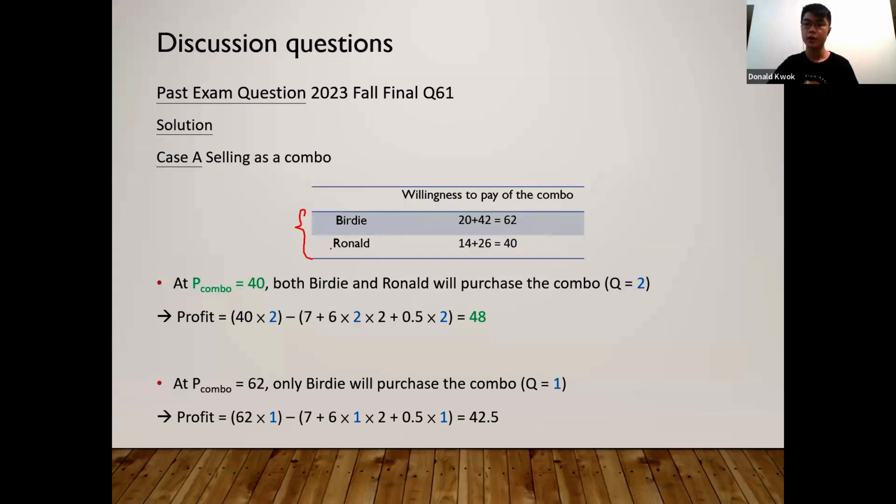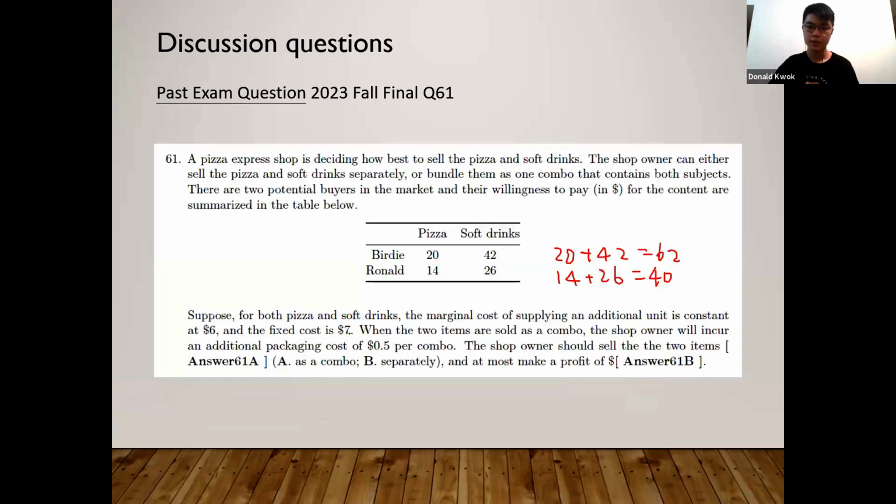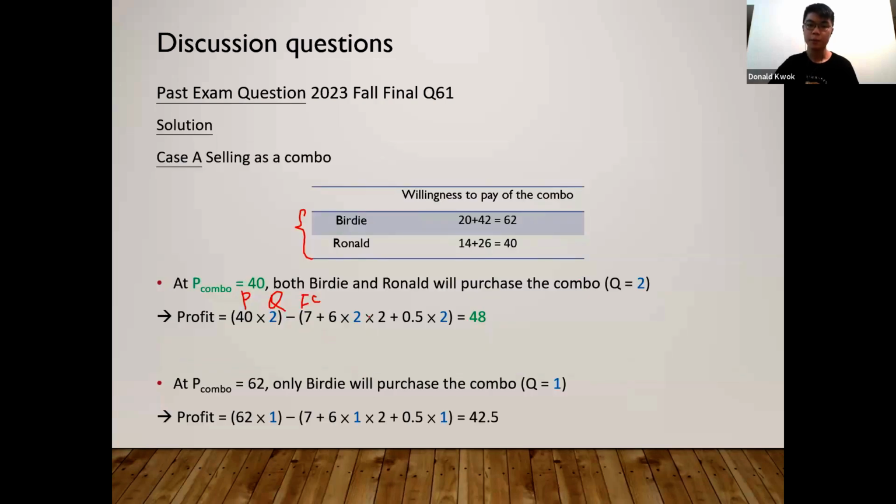Again, profit is total revenue minus total cost. So for the revenue part, the price of 40 multiplied by the quantity of 2. And total cost here is decomposed into 3 parts. The first one is the fixed cost, $7 mentioned here. And the next component will be the marginal cost.